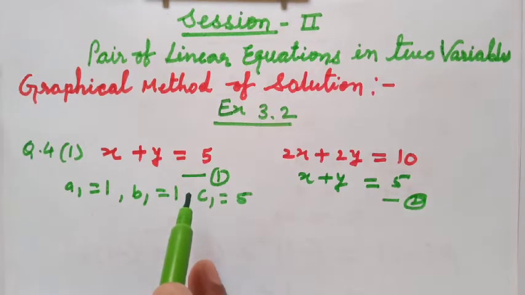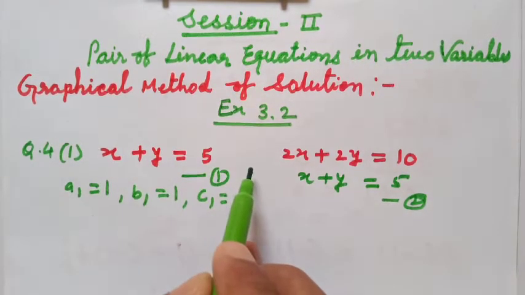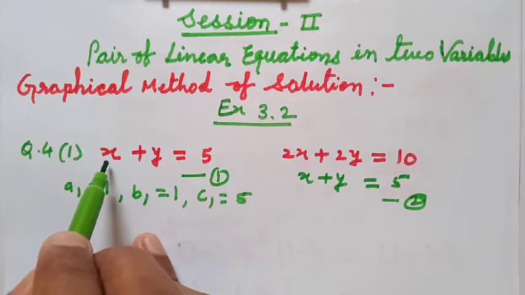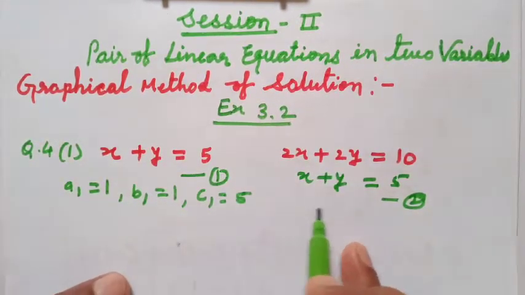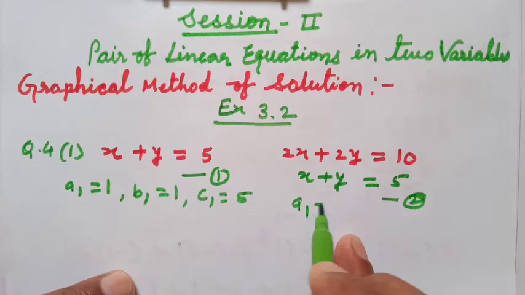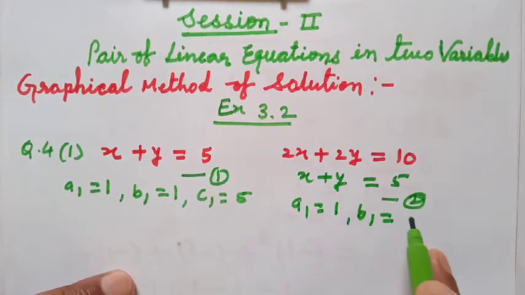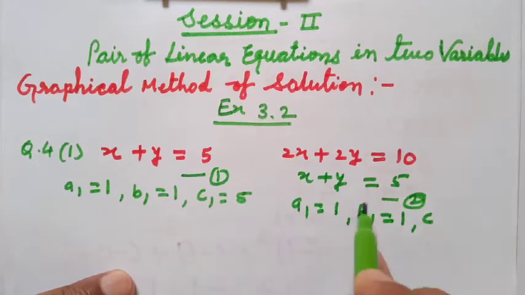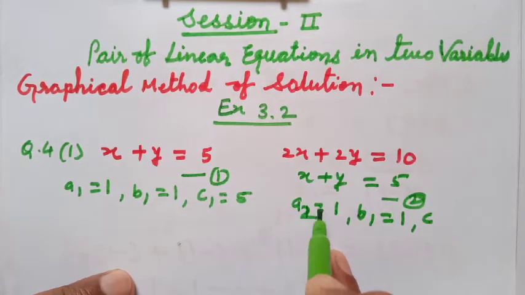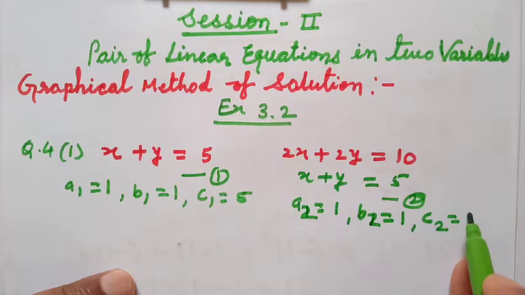Compare with the linear equation of standard form ax plus by is equal to c. In the second equation also, a2 is equal to 1, b2 is equal to 1 and c2 is equal to 5.